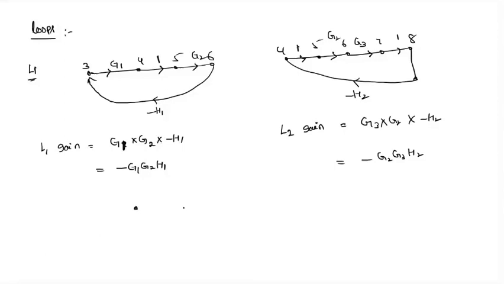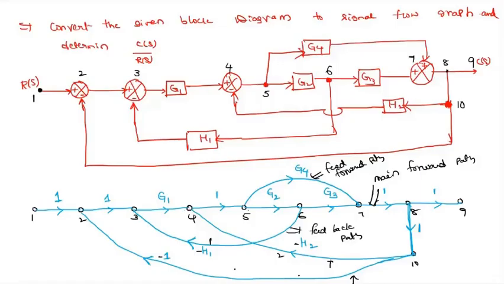So 2, 3, 4, 5, 6, 7, 8, 10, again 2. Like this I'm going to draw. Here it's minus 1 because it's the last feedback. It is unity feedback. That's a minus 1 only I'm going to take.